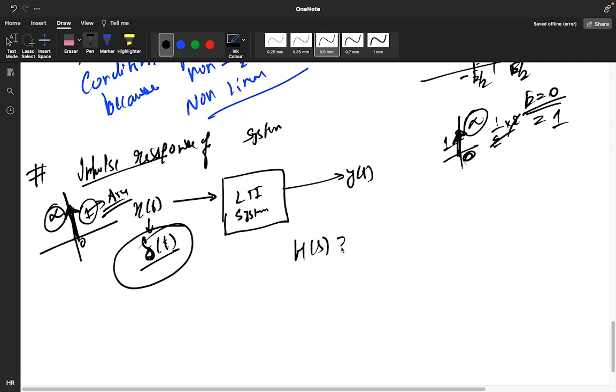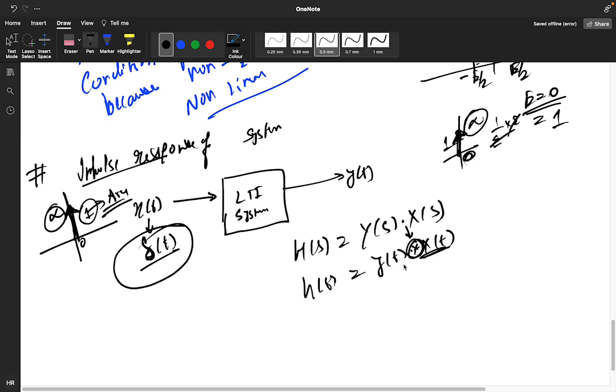H of s is equal to y of s into x of s. But if you want to write it in the time domain, h of t will be y of t and x of t convolved. Multiplication becomes convolution.